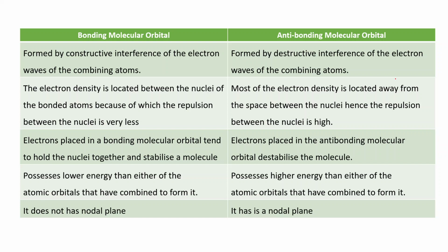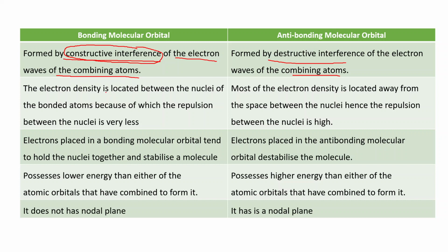Now, what are the differences between bonding and antibonding molecular orbitals? A bonding molecular orbital is formed by constructive interference of the electron waves of the combining atoms, that is, addition of wave functions, while an antibonding molecular orbital is formed by destructive interference, that is, subtraction of the electron waves of the combining atoms.